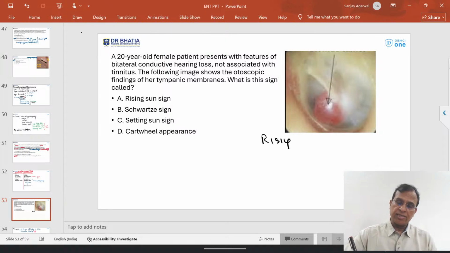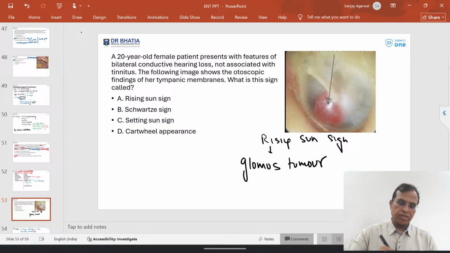So this is the rising sun sign of glomus tumor. यह glomus tumor की finding होती है, rising sun sign. So this is the correct answer. We discussed Schwartze sign seen in otosclerosis.